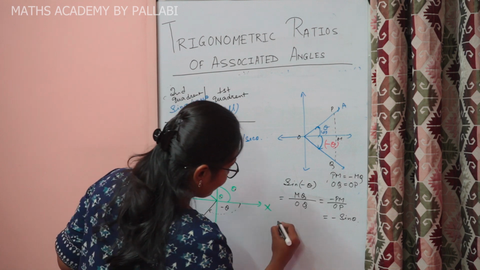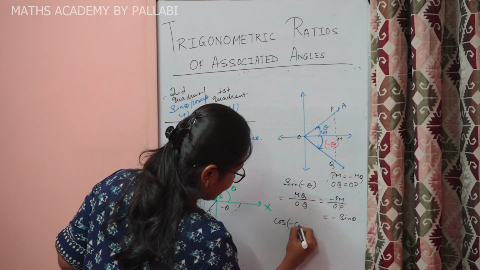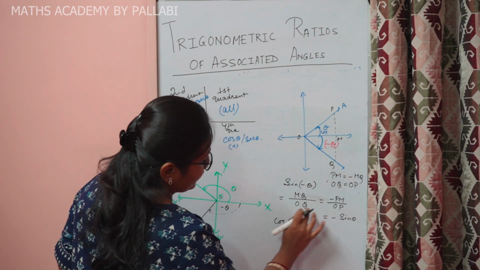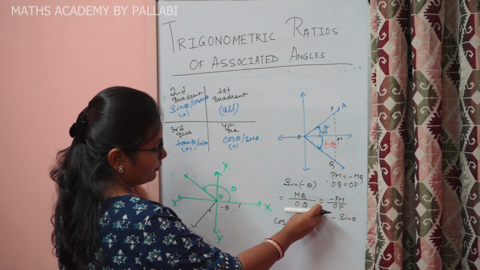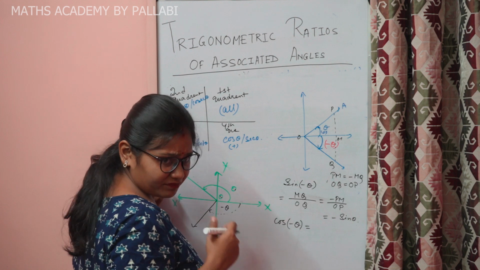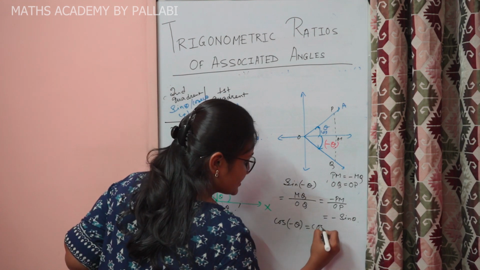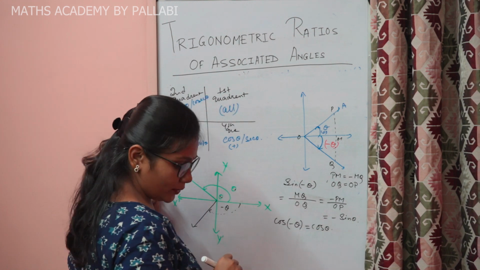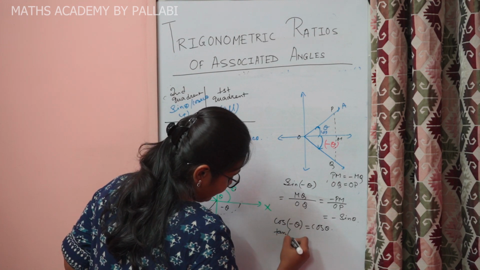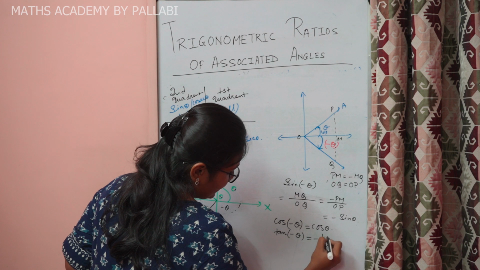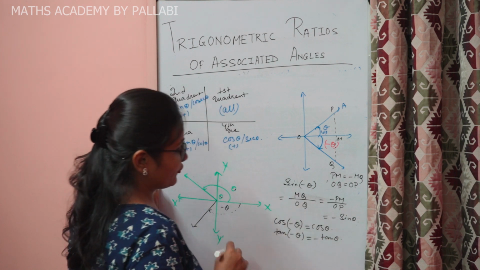Similarly, if we calculate cos minus theta, after applying the formula, we will get cos theta as it is. Now for tan minus theta, again it will be minus tan theta.